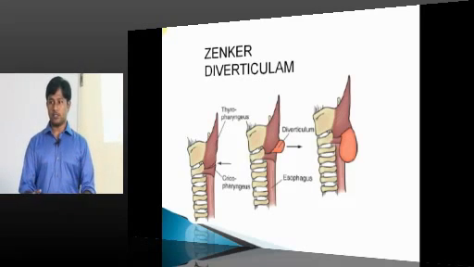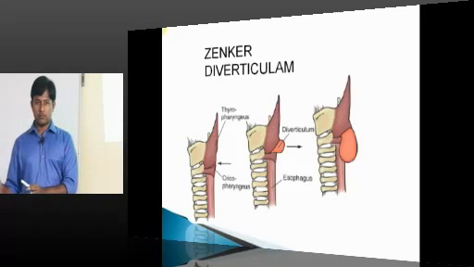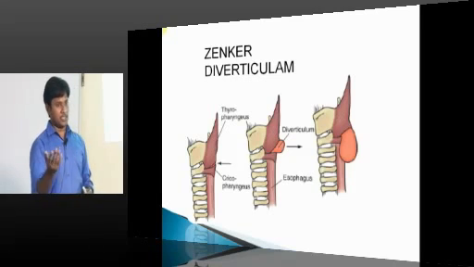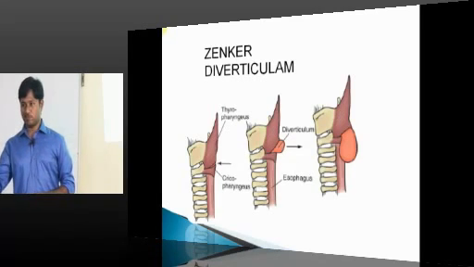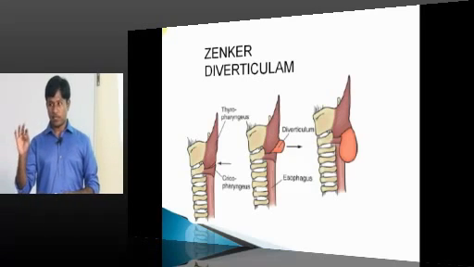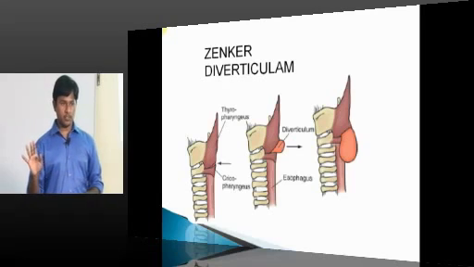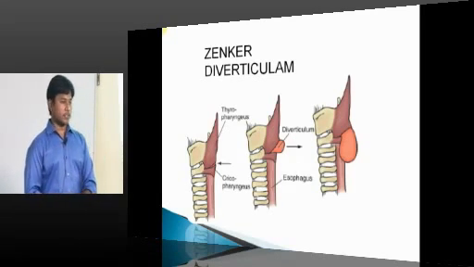What are the clinical features? How to diagnose? How to treat? Etiology. For your exam also, you will be writing the same headings, whatever matter you write inside. Etiology, clinical features, radiology or the diagnosis, and then the treatment. We will discuss everything in the same terminology.